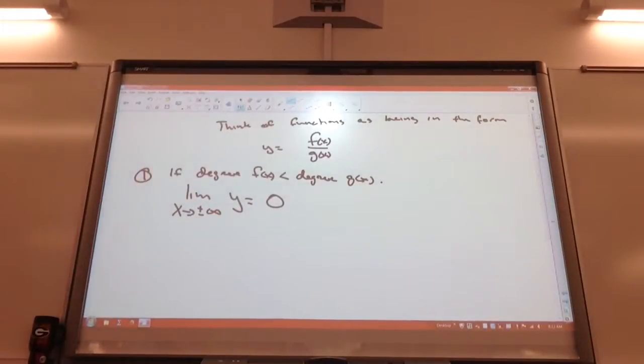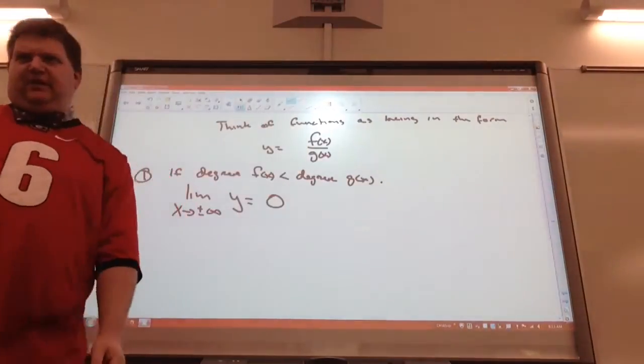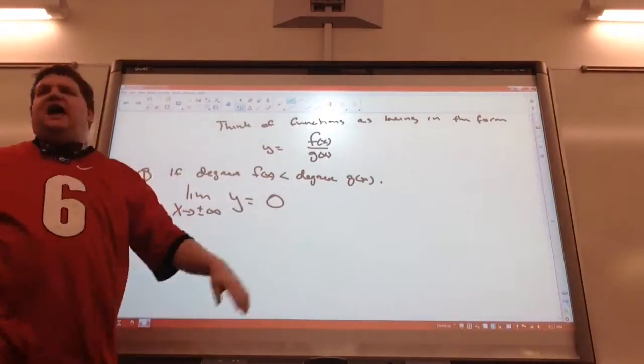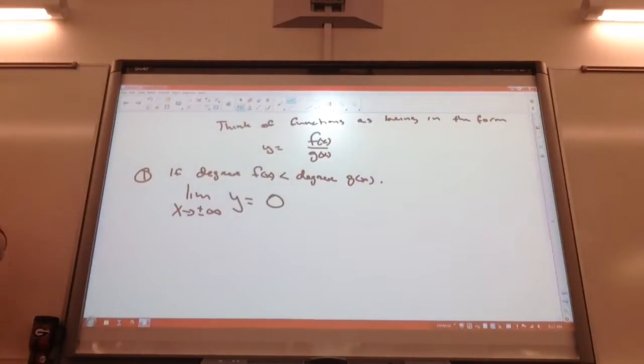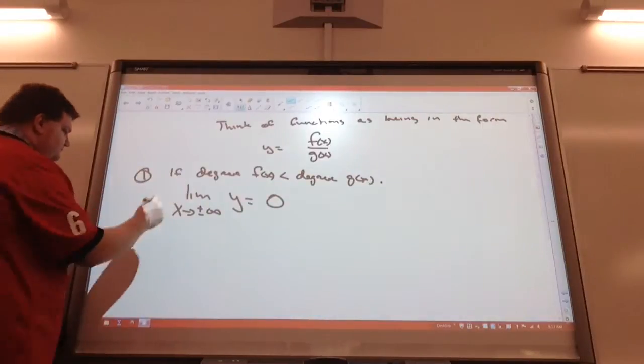So, if the bottom has a degree that's bigger than the top, the thing always converges to 0. Or at least the fraction part always goes to 0. If there's a constant added on, then obviously it goes to that constant. But basically, that's what we're getting at there. That's our first case.